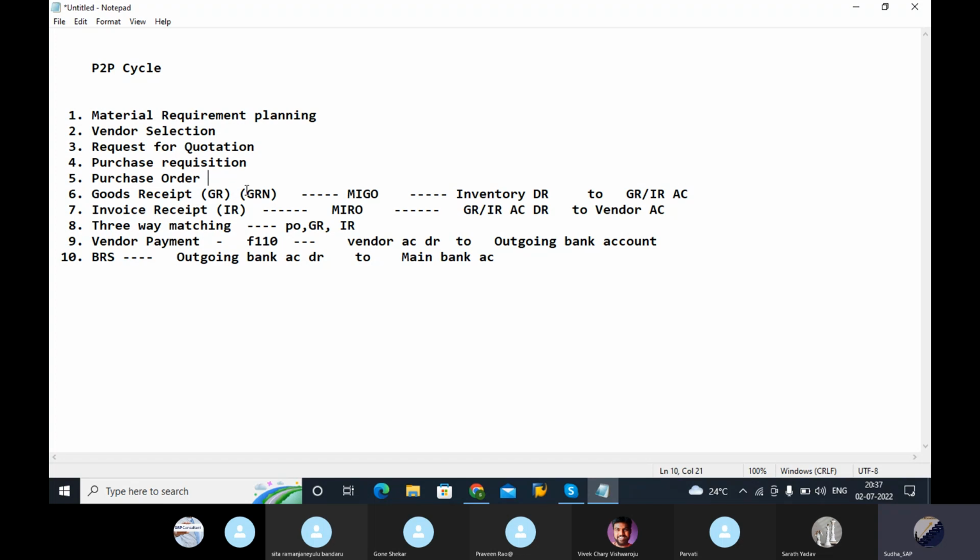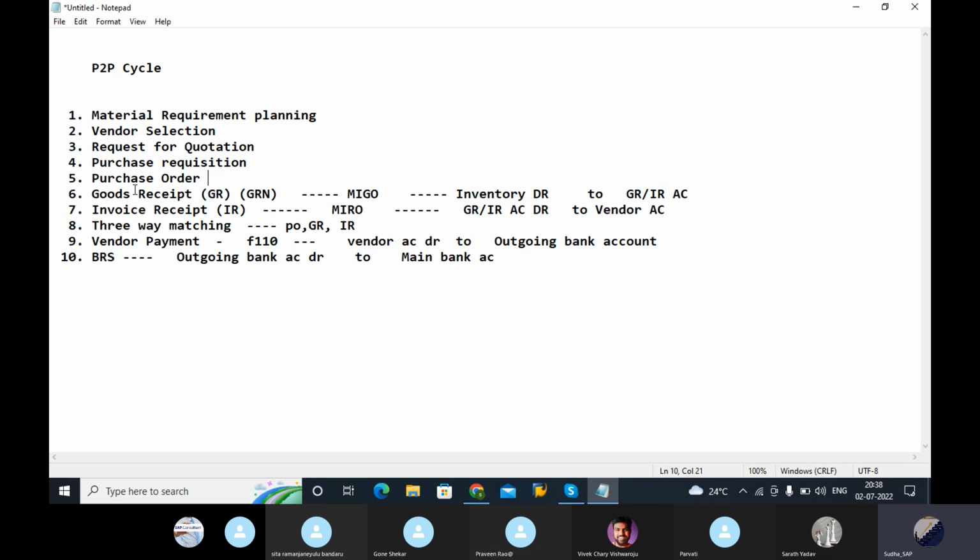After creating the purchase order, goods receipt will be taken. When our company receives the goods, goods receipt is posted in SAP with the help of T code MIGO. For that, the accounting entry is inventory account debit to GR/IR account.